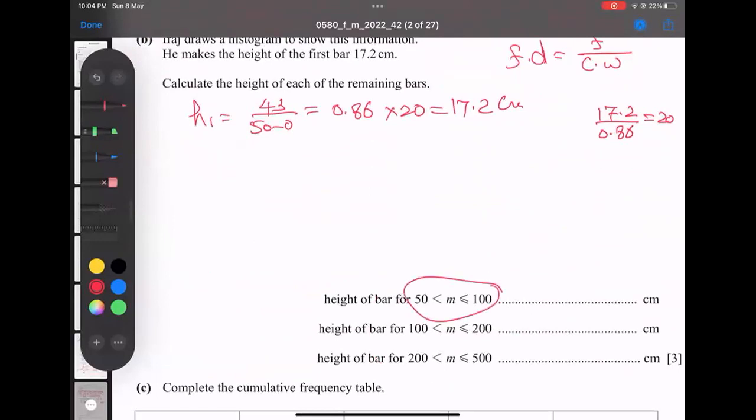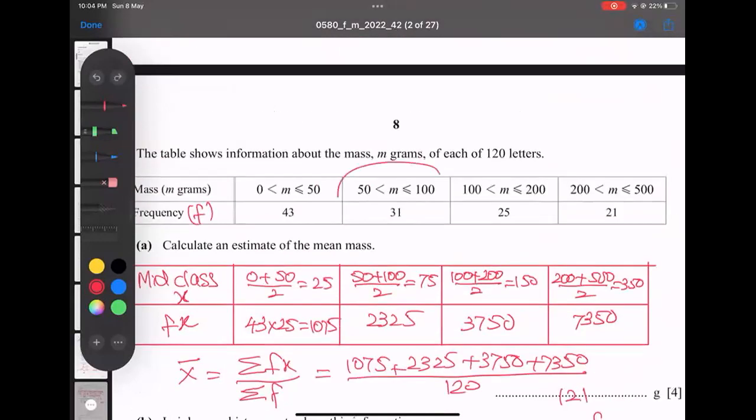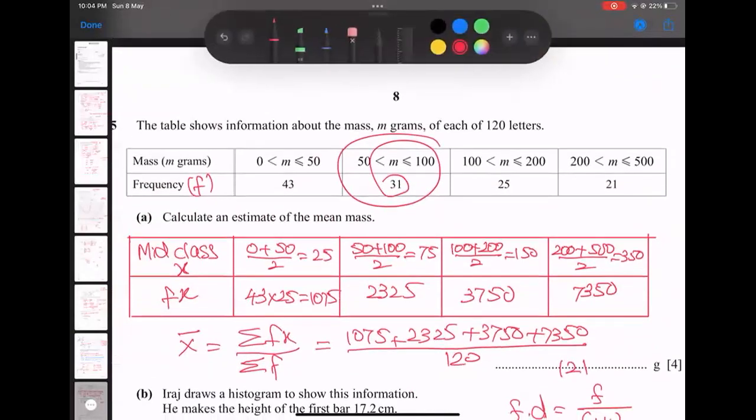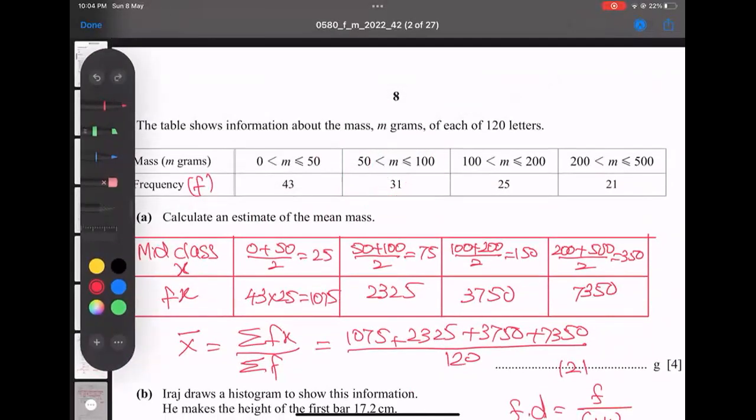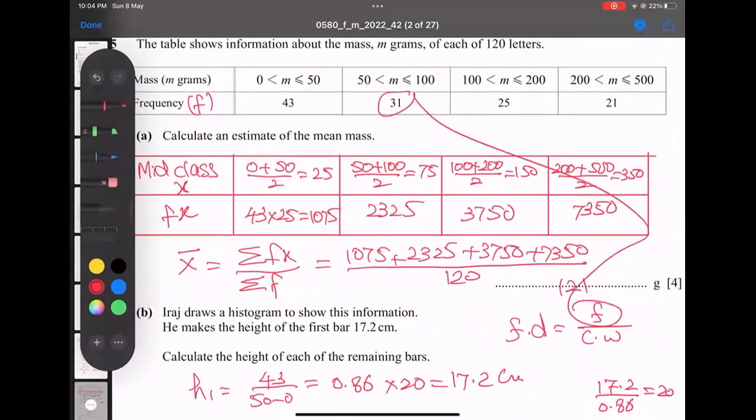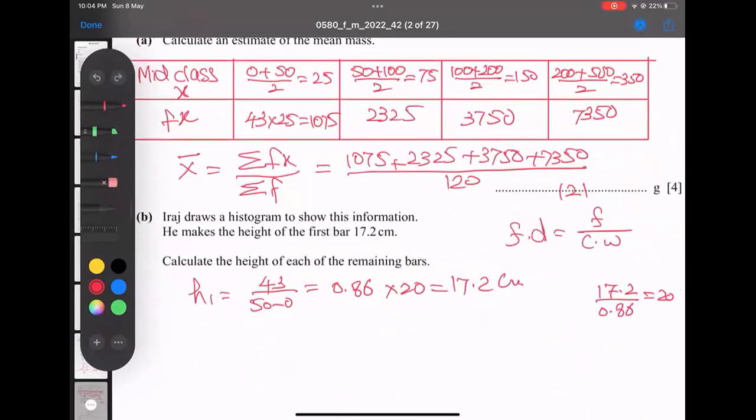So 50 to 100, how to do it? 50 to 100 has frequency 31. So it is very clear. This 31 will come here, and the gap of this will come in the denominator. So 100 minus 50 is 50, and 31 by 50.